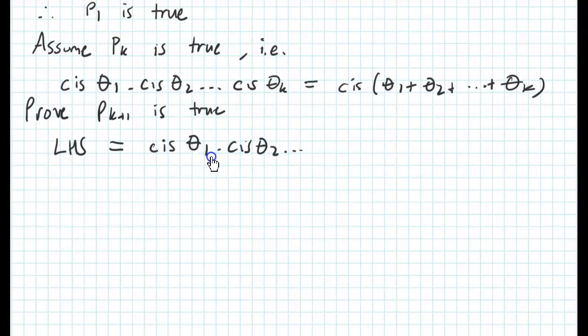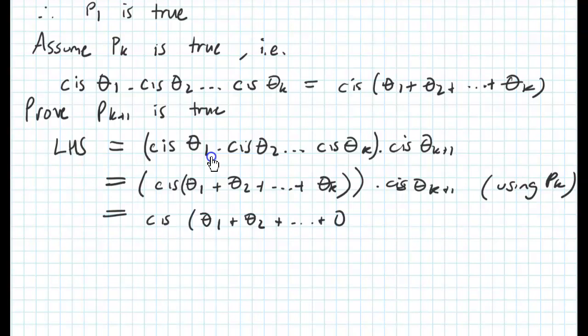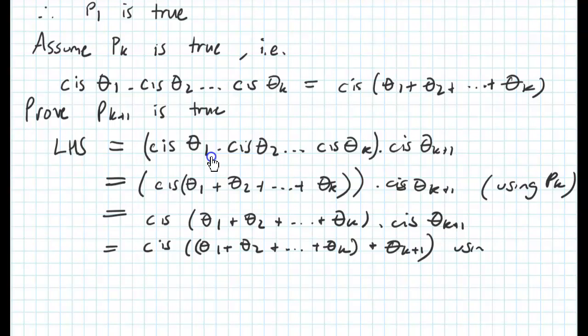As per usual, we focus on the left-hand side. I'll write that down. We group the first k terms together, and we're going to use our inductive hypothesis Pk to rewrite that. Next, we use a property that we established earlier.